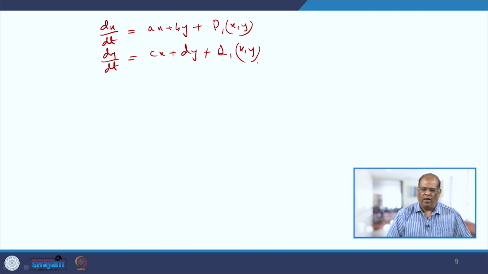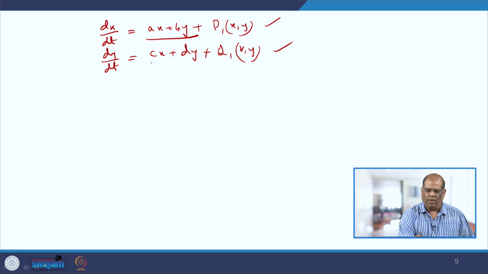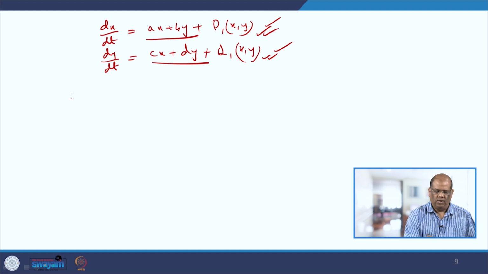Here, I have written the differential equation in a form where this is the linear part and this is the nonlinear part. Now, the hypothesis is, number 1, this determinant of A, B, C, D is not equal to 0.